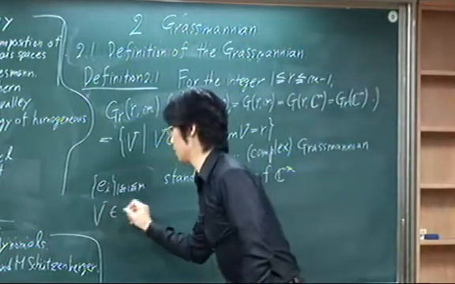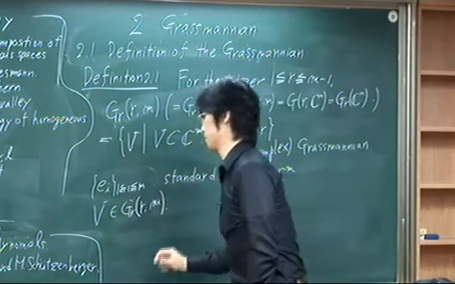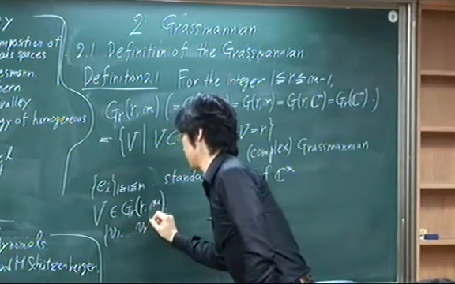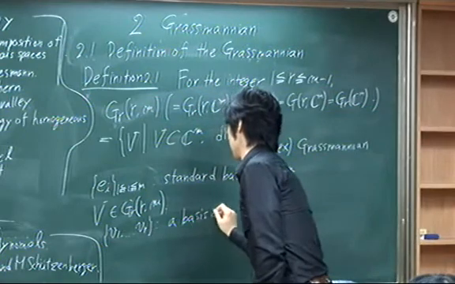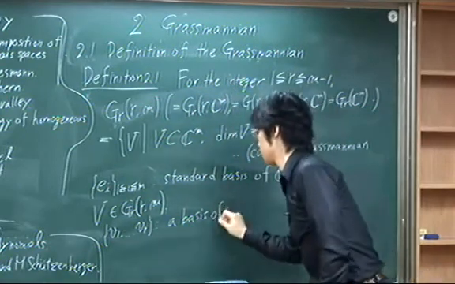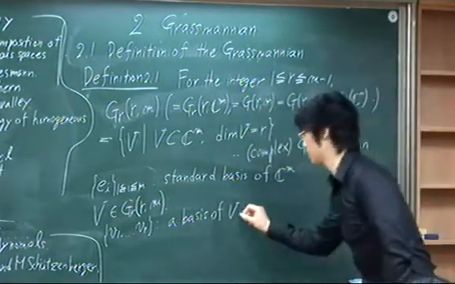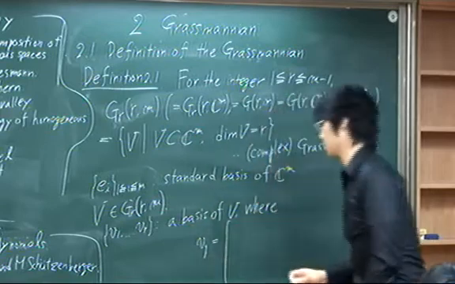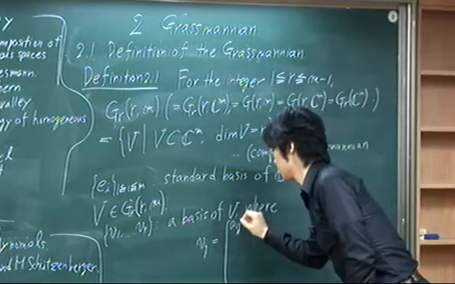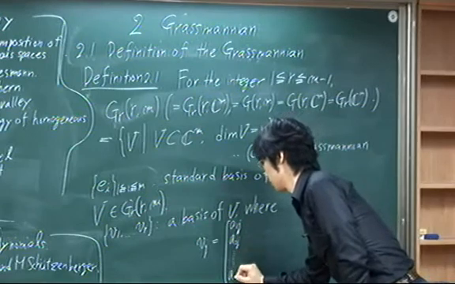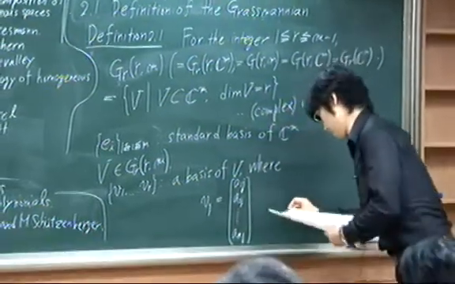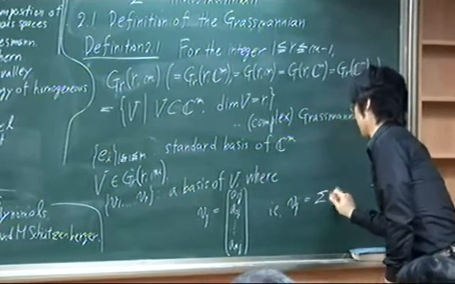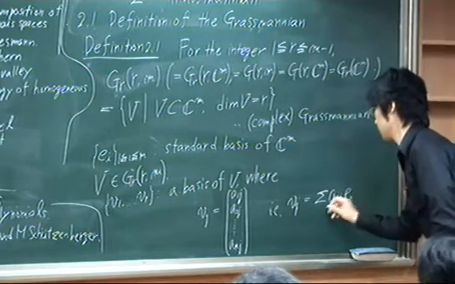Let V be an element of the Grassmannian, and v_1 to v_r a basis of V, where each v_j is a column vector (a_1j, a_2j, ..., a_mj), that is, v_j equals the sum of a_ij e_i.